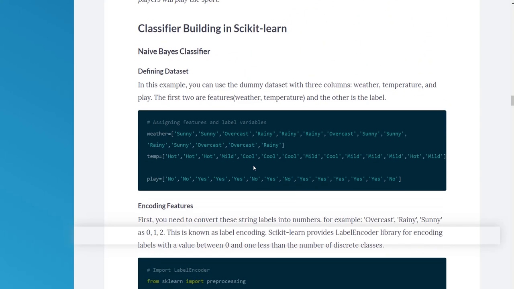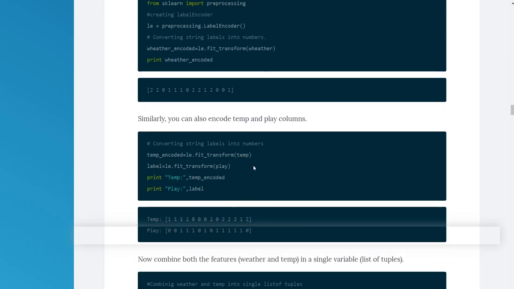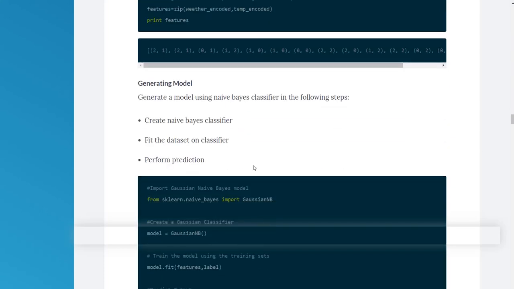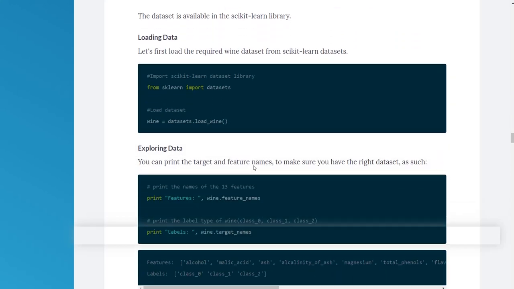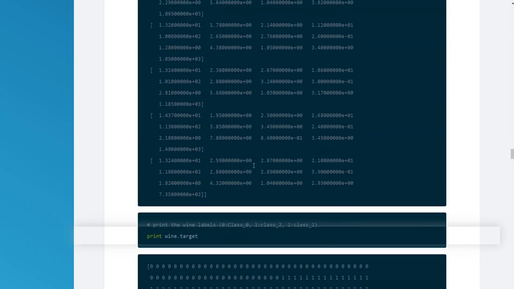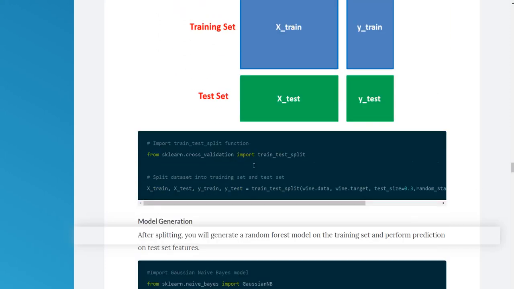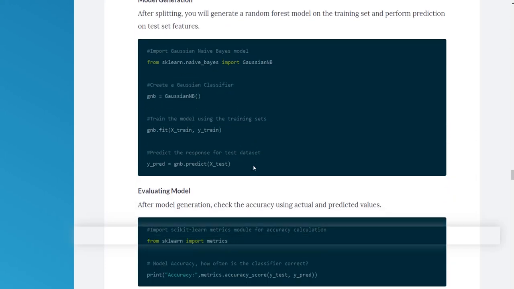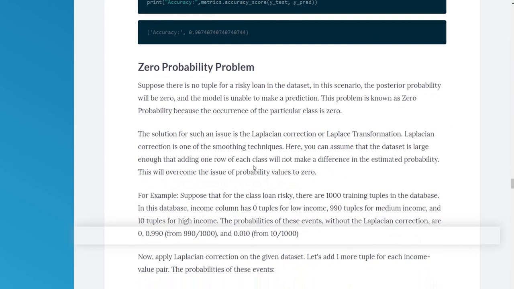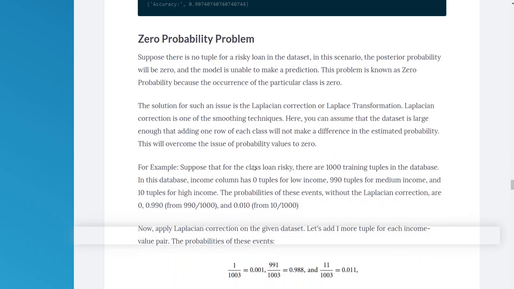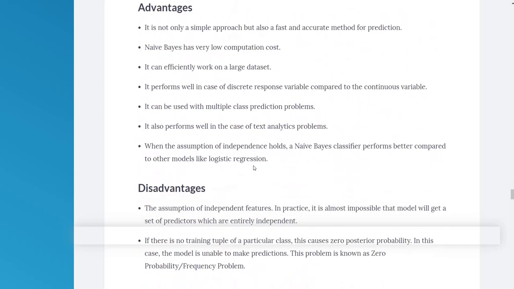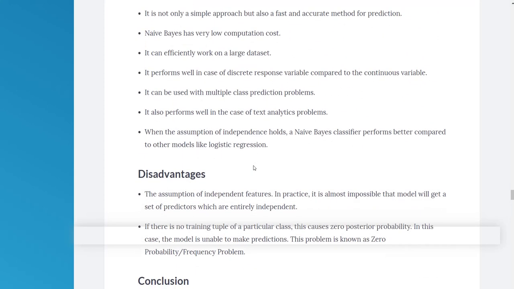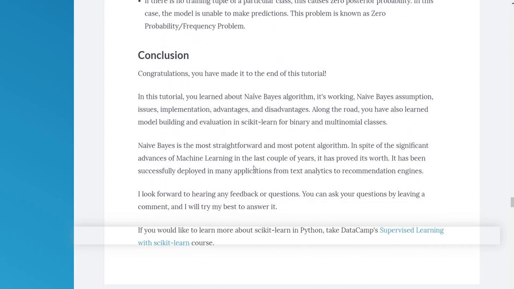This is the Python code. They are using the scikit-learn library, encoding features, combining them, generating the model, and evaluating the model. This is cool actually. You can go through it. There are also some advantages and disadvantages of Naive Bayes, which you will understand from this blog.